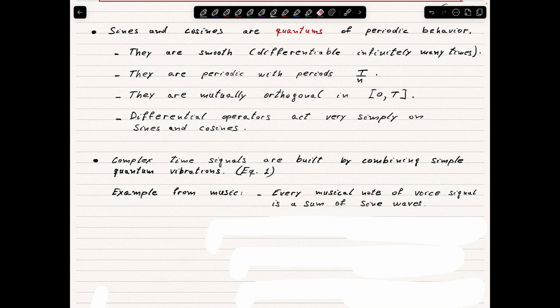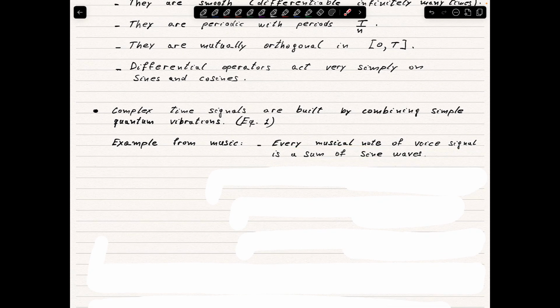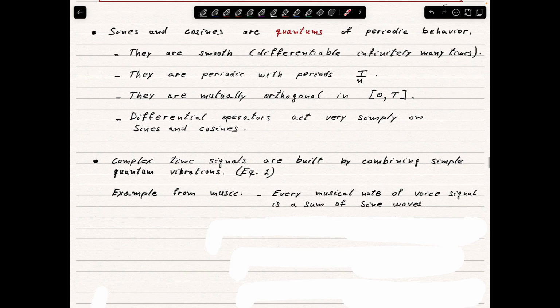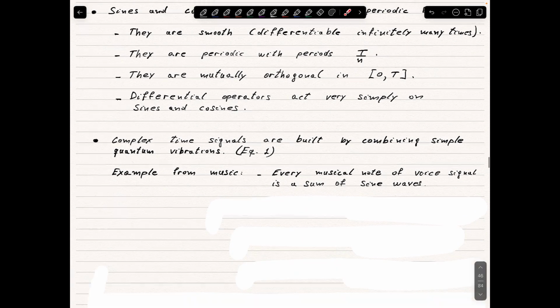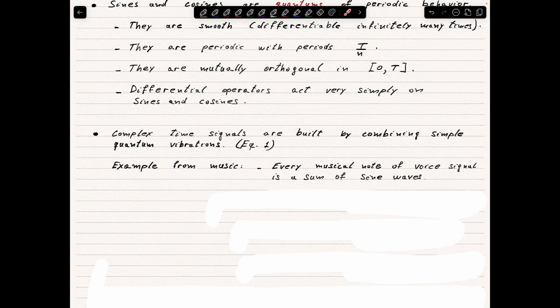Music. Every musical note or voice signal is a sum of sine waves. Cosines are just sine waves that are shifted. So we can describe any musical note with just sine waves.